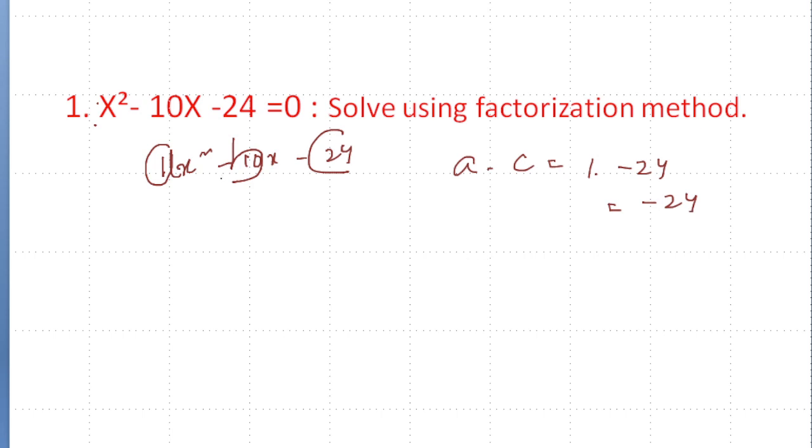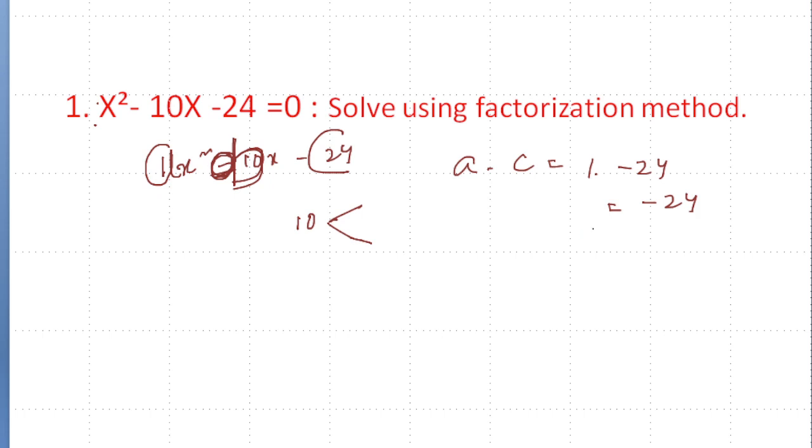Now b. Students, just remember one trick: don't take the sign of b. It will automatically come by itself. If you take this sign, you get confusion. So now split only 10 into two numbers.